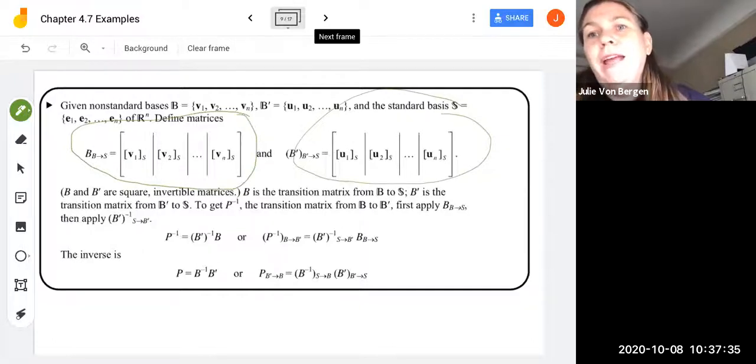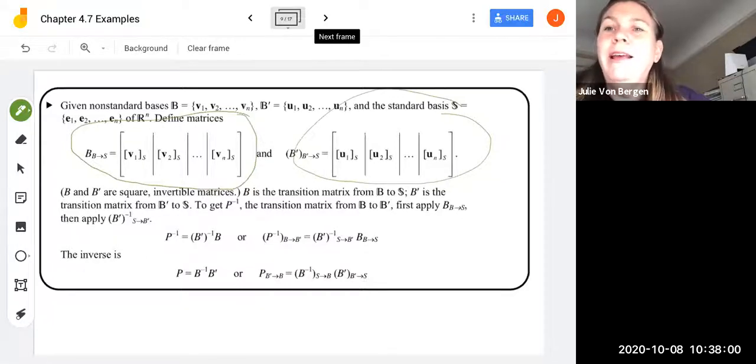So to get P inverse, the inverse of the transition matrix, P inverse transitions us from B to B prime. That's the direction we're usually working in. Start with B, get to B prime. You first can think about applying B, transitioning from B to the standard vectors. And then you could think about B prime inverse taking you from the standard vectors back to B prime.